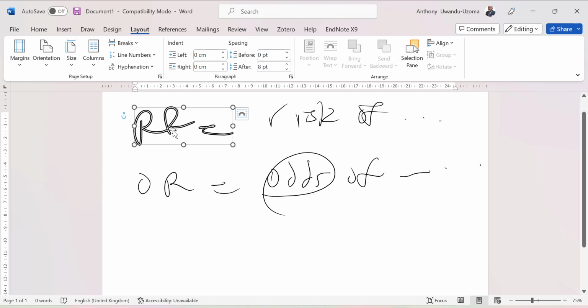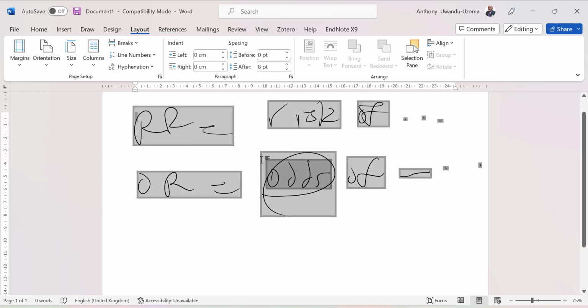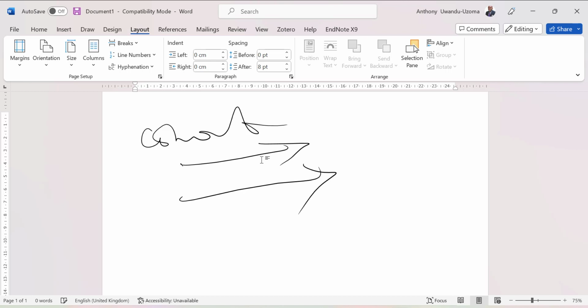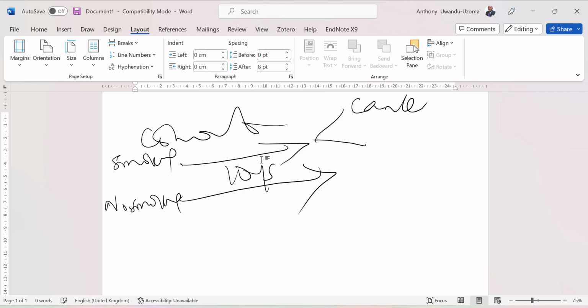So relative risk is used in cohort studies. So what are called cohort studies? Cohort studies are forward-looking studies. So you get two groups, those that are smoking and those that are not smoking. Then you follow them up for 10 years to see how many of them will get lung cancer and how many of them will get no cancer.